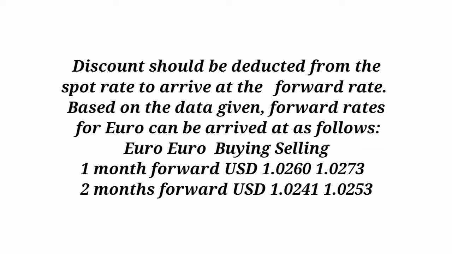Based on the data given, forward rates for euro can be arrived at as follows: euro buying, selling: 1 month forward USD 1.260, 1.273; 2 months forward USD 1.241, 1.253. Determination of forward exchange rate.